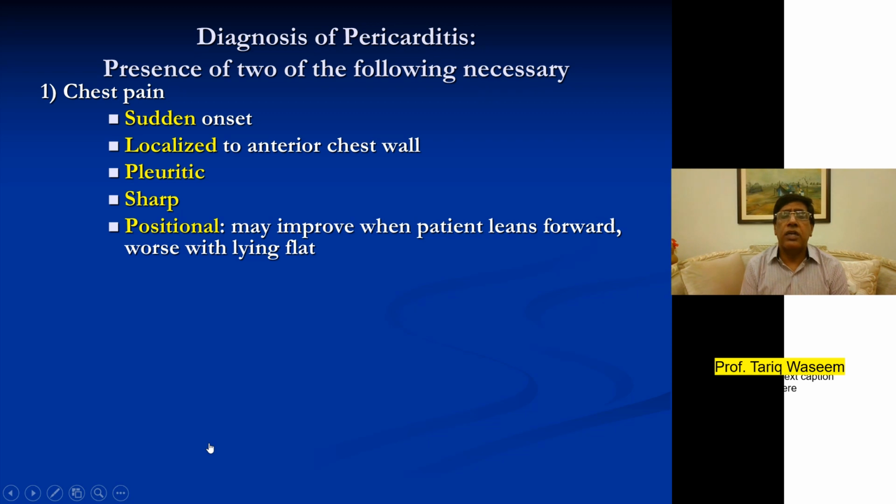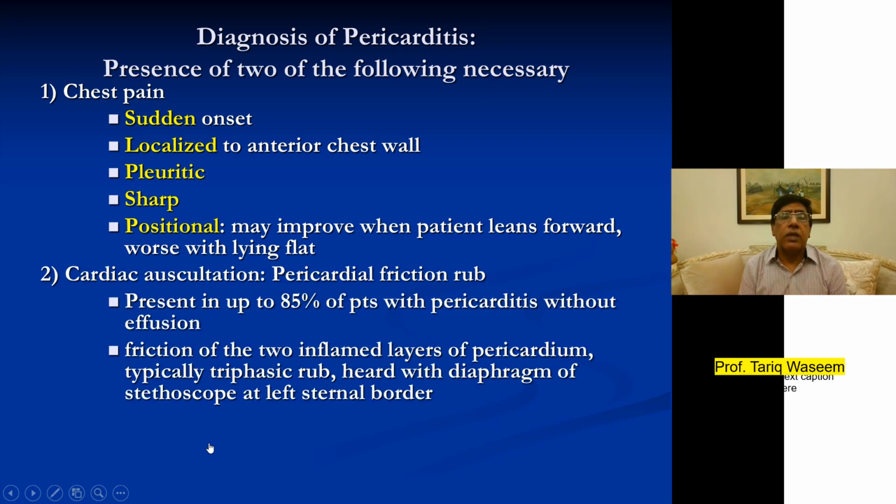And then, as we said, it has a positional element to it: it may improve when the patient leans forward in bed, and it is worse on lying flat. The first thing to make a diagnosis of pericarditis is to have chest pain with the described characters. Then on auscultation, you may or may not have a pericardial friction rub, which is a scratchy, rubbing type of sound having two components, a systolic as well as a diastolic component.